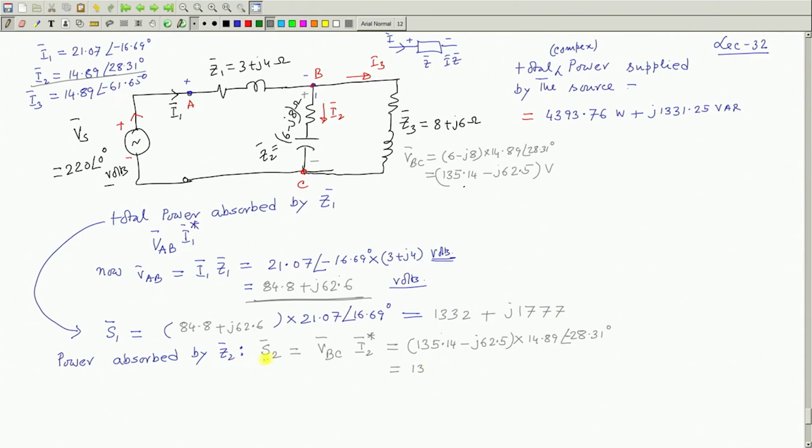Similarly, power absorbed by Z2 will be V bar BC into this one.